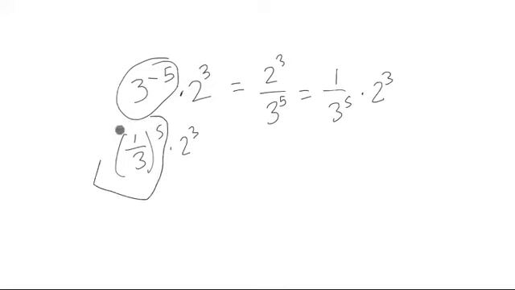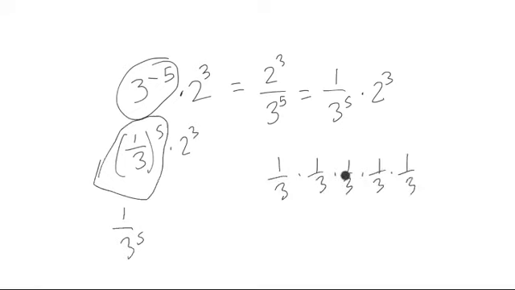Notice I didn't write 1 over 3 to the 5th. Instead, I wrote 1/3 to the 5th power. That's like saying 1/3 times a third times a third times a third times a third, because I'm multiplying it 5 times. Now notice that when we actually do this out, you're multiplying the denominator, so of course it's 3 to the 5th on the bottom. So this would be another way of writing it down.